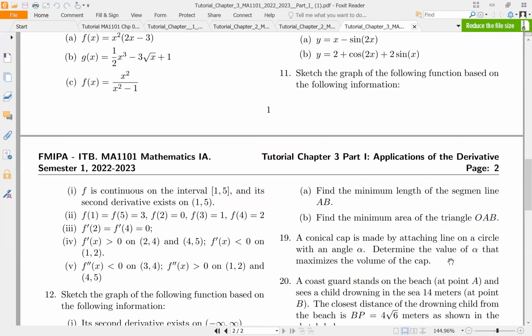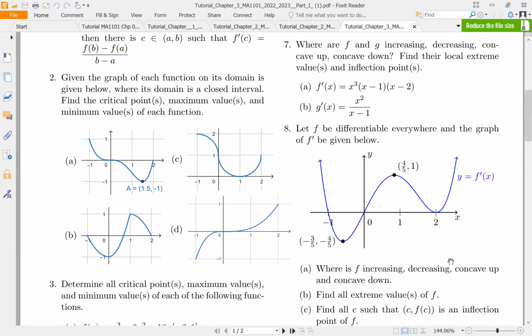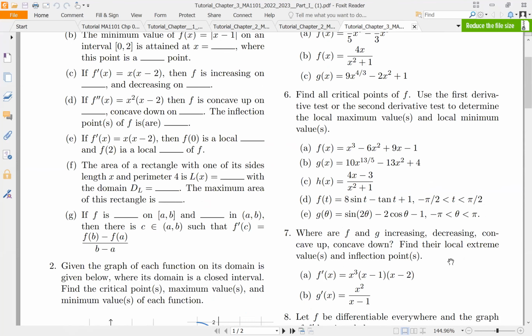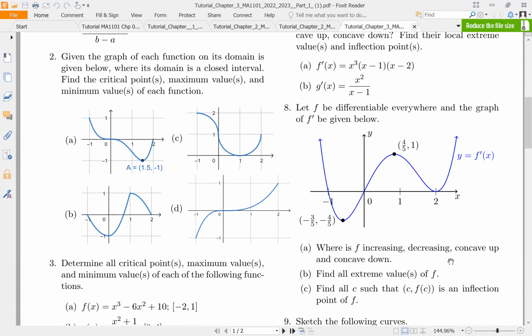Okay, so for chapter 3, the typical question will be, for example, number 2. If you are given the graph of the function, then you have to know the maximum and the minimum values.